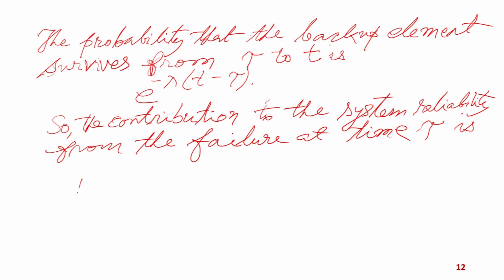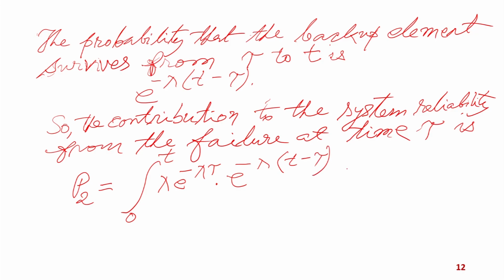So, we will write this as P 2 is equal to integration 0 to t, lambda e to the power minus lambda tau multiplied by e to the power minus lambda into t minus tau d tau.